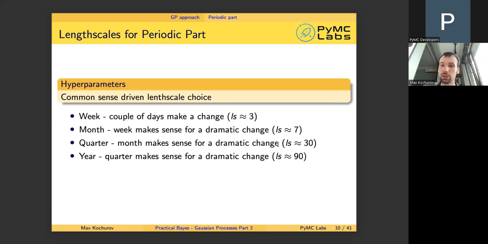Of course, you can set up additional hyperpriors on length scale to estimate. But in principle, if it is a seasonal effect, it makes little sense to deviate that much from this point estimate.